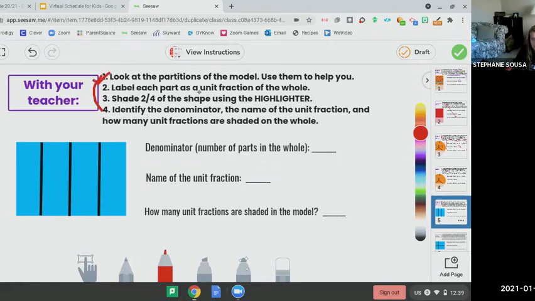Label each part as a unit fraction of the whole. There are 1, 2, 3, 4 parts. So that means this part is called 1/4. This part is called 1/4.